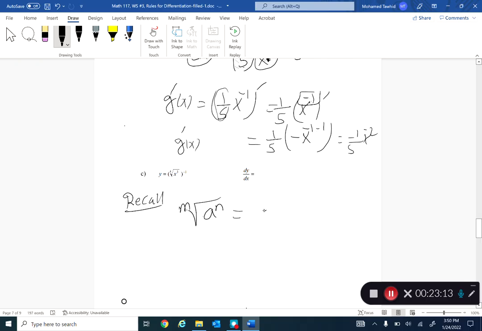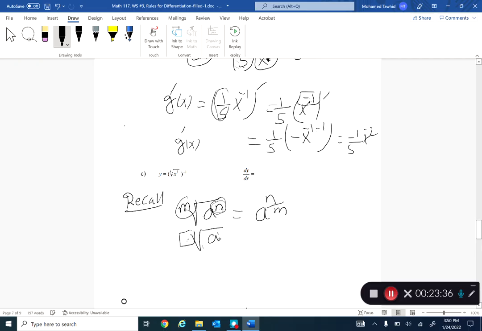How to simplify this? It will be a to the power n over m. You always take the exponent from inside divided by the exponent outside. If I write just the square root of a and don't write anything here, it means your m is 2.